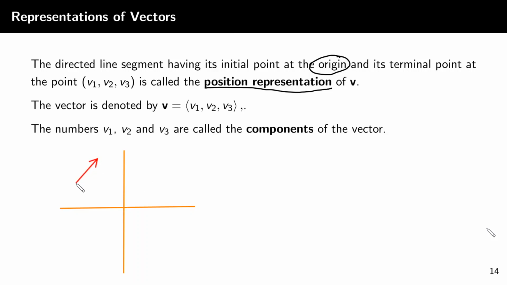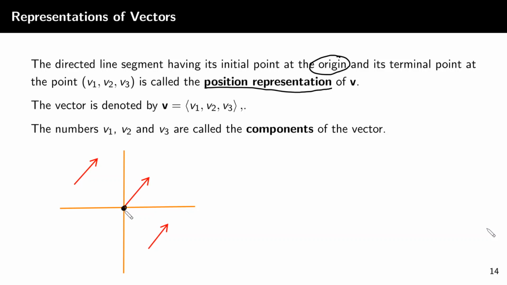And I have this vector and this vector. So they are the same vectors, but represented by different directed line segments. Now the position representation of this vector will be the vector whose initial position is at the origin. So this one. So this vector now satisfies the description here.